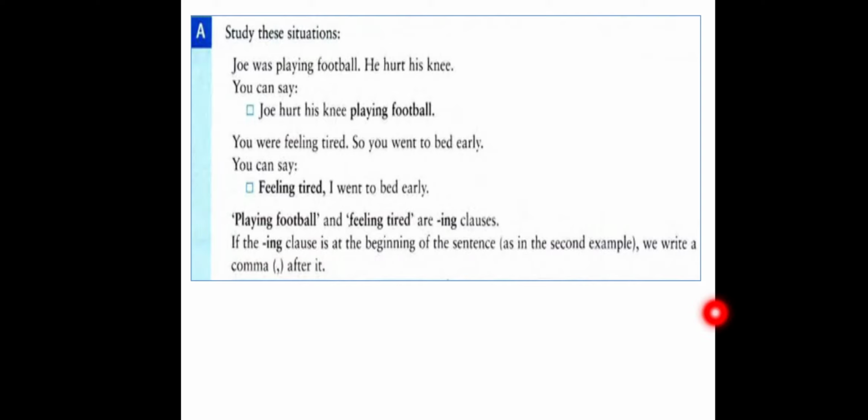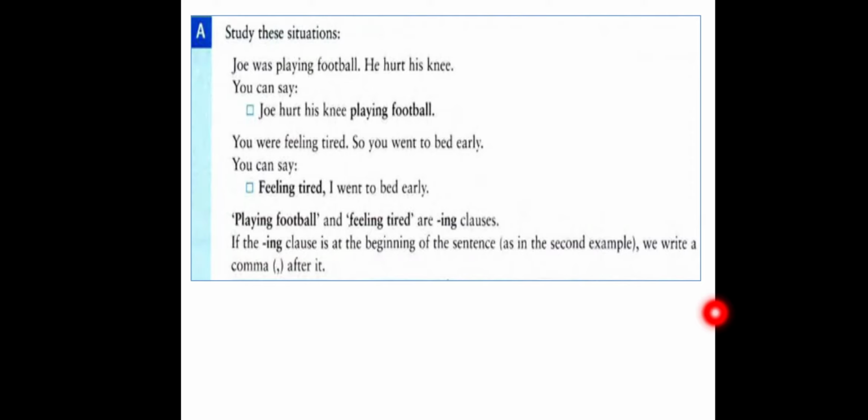Study these situations. Joe was playing football. He hurt his knee. You can say Joe hurt his knee playing football. Or if you want to complete the clause, you can say Joe hurt his knee while he was playing football.